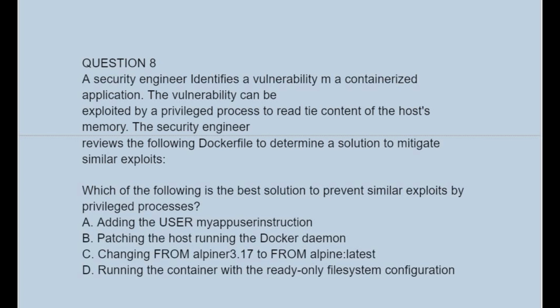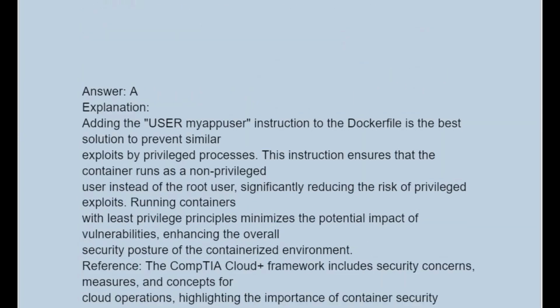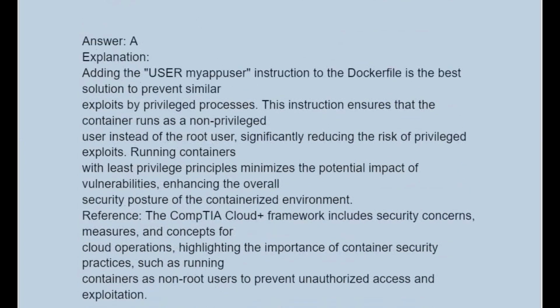Option A adding the USER myappuser instruction. Option B patching the host running the Docker daemon. Option C changing from Alpine 3.17 to Alpine latest. Option D running the container with the read-only file system configuration. Correct answer is option A.